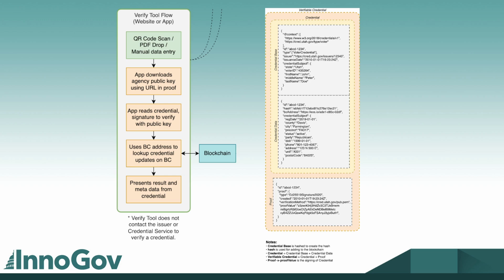Then the verifier knows, hey, I can see that the actual credential is valid. It's authentic, but I have now additional information that tells me, even though it's authentic, it has since been revoked, so I need to act appropriately. And then obviously the last step of this is the verifier is going to present that data to the person who's looking to verify that credential.